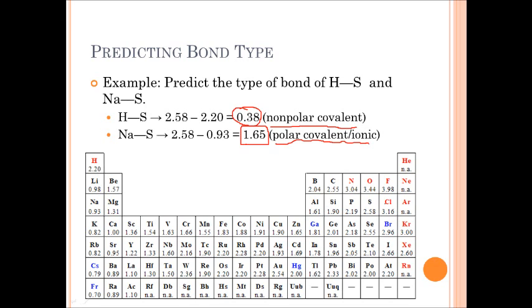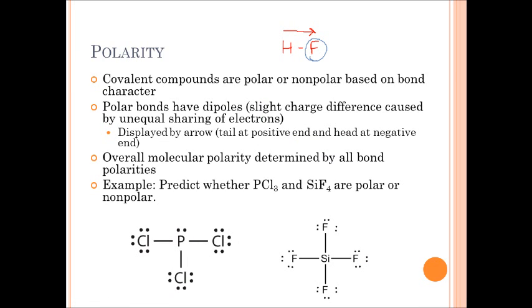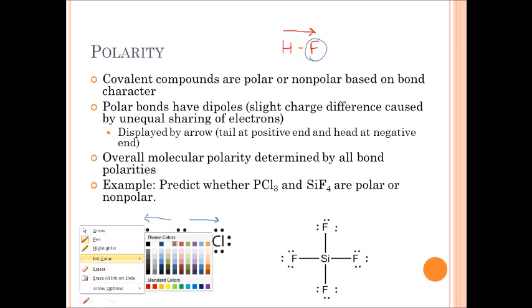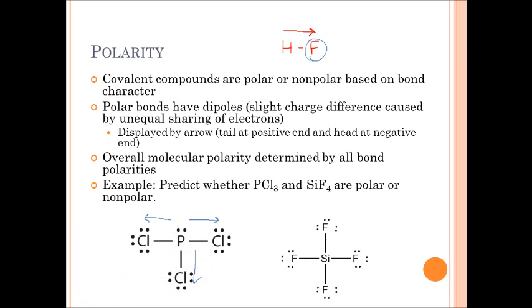Okay, so if we go back and we look here, we're going to compare phosphorus and chlorine. Well, chlorine's going to be more electronegative. So if we look at our PCl3, which we drew the structure for earlier, we're going to draw arrows that go out away from the phosphorus. Well, here's the deal. Because it's all of the same element, the two here on top are actually going to cancel out because they're the same amount, but they're in opposite directions.